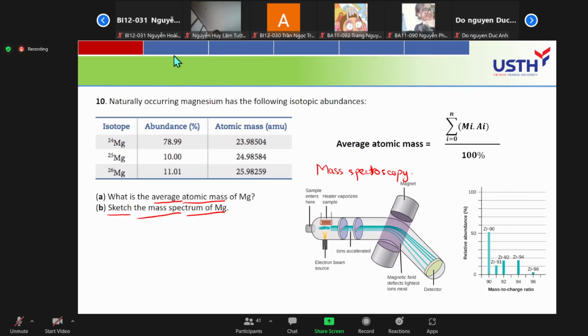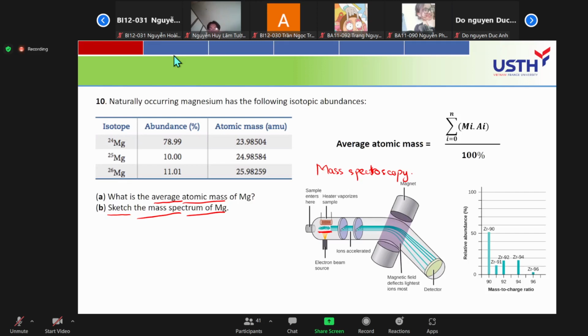The mass spectroscopy technique is based on an idea. You have a sample here, and then you use some energy like heat, temperature, or lasers. By that way you can modify or break the molecule into an ionic state.